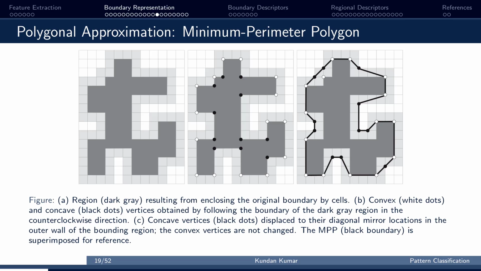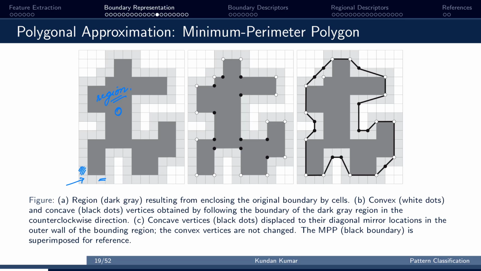Suppose we have a boundary, and this boundary encloses the region inside. This is the dark gray, and this is the light gray.